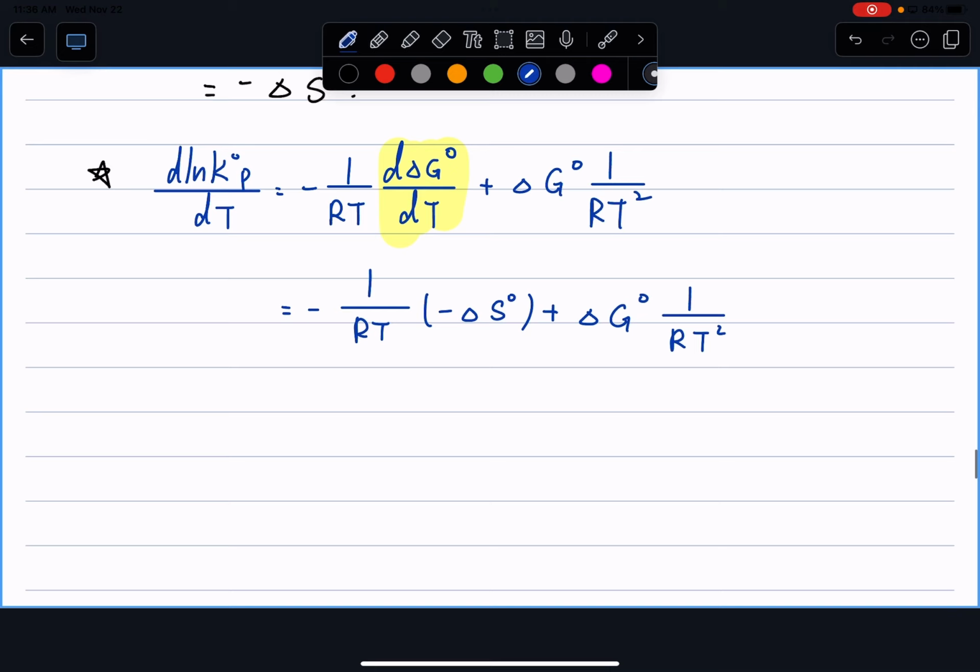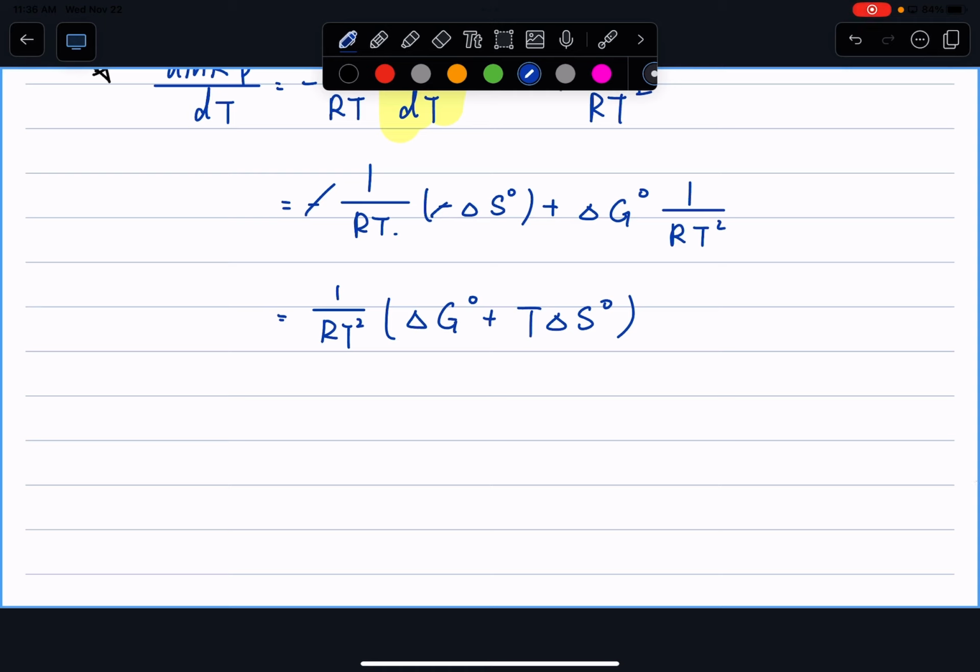If I put the 1 over RT squared at the front and simplify, this is one technique: look at whatever is on the bottom and take that to the front, then write everything else out. This becomes delta G naught plus T delta S naught. So these negatives cancel out, and you need one more temperature in front of your delta S naught.